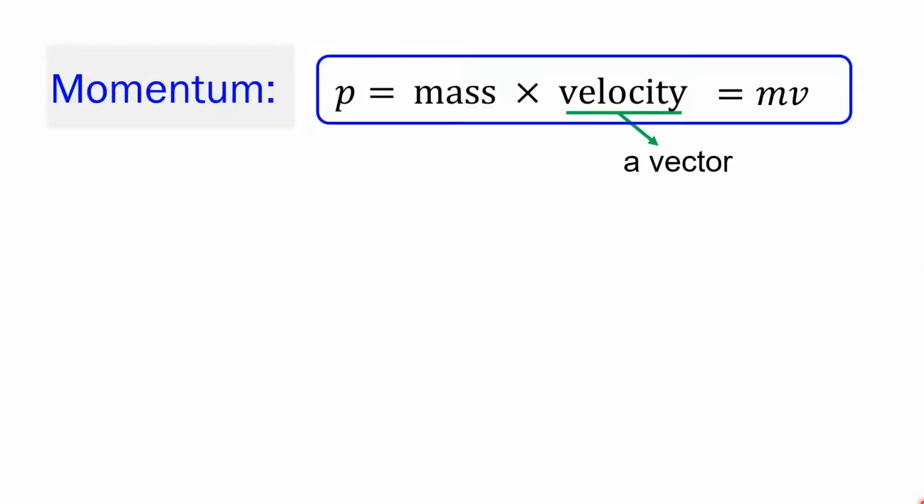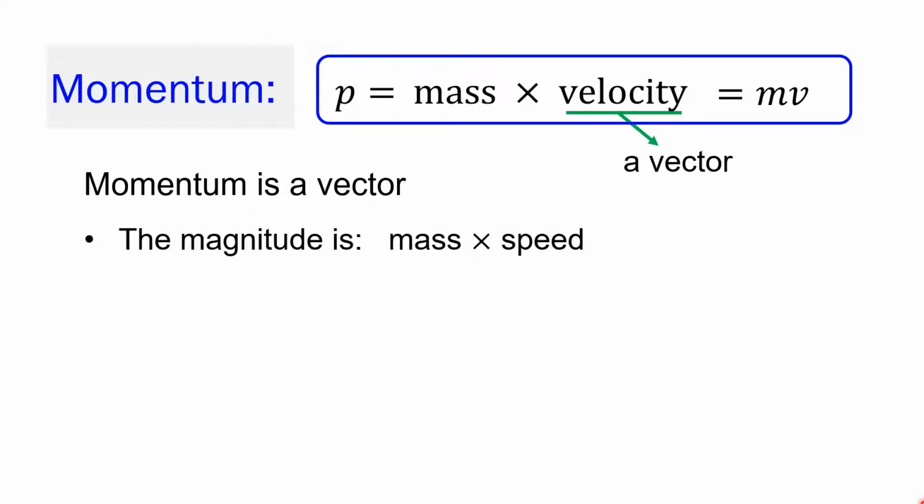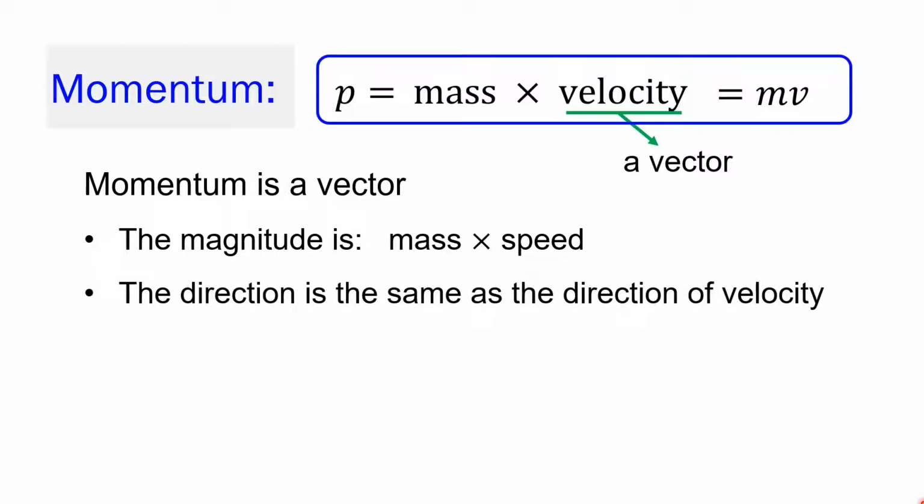So because of that, we can say that momentum is a vector, meaning it has a magnitude, and we also need to know about its direction. The magnitude of the momentum vector is what you could call mass times speed, and the direction is simply the same as the direction of the velocity.